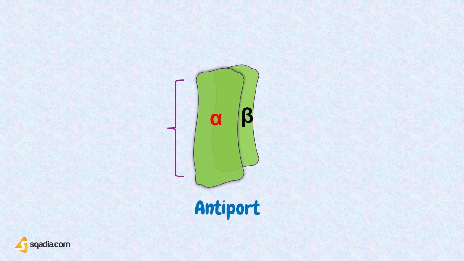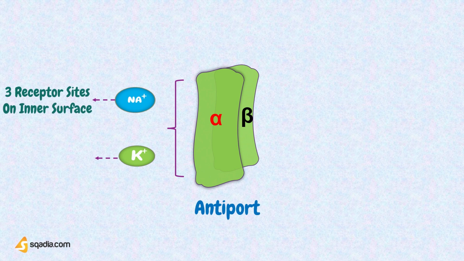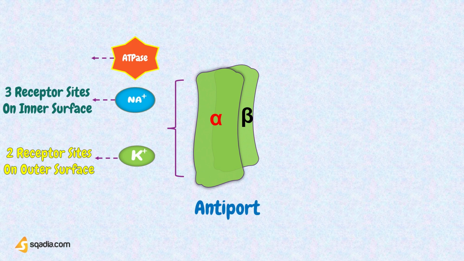Alpha subunit of the sodium-potassium pump has 6 sites. 3 receptor sites for sodium ions on the inner surface of the protein molecule. 2 receptor sites for potassium ions on the outer, towards ECF, surface of the protein molecule. 1 site for the enzyme adenosine triphosphatase, or ATPase, which is near the sites for sodium.